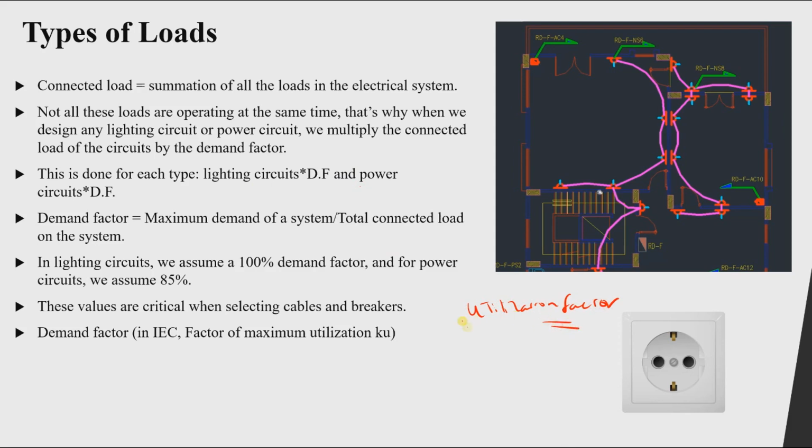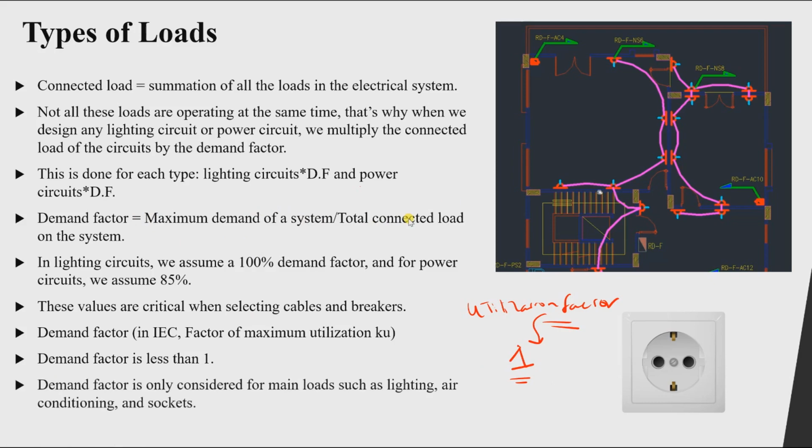Okay, so these values are similar to the demand factor in electrical systems. However, this utilization factor will be given by the mechanical engineer. If you don't have it, you assume it as unity. Now usually demand factor is less than or equal to 1, as we have seen here, because it is the maximum demand, which will never exceed the total connected load.